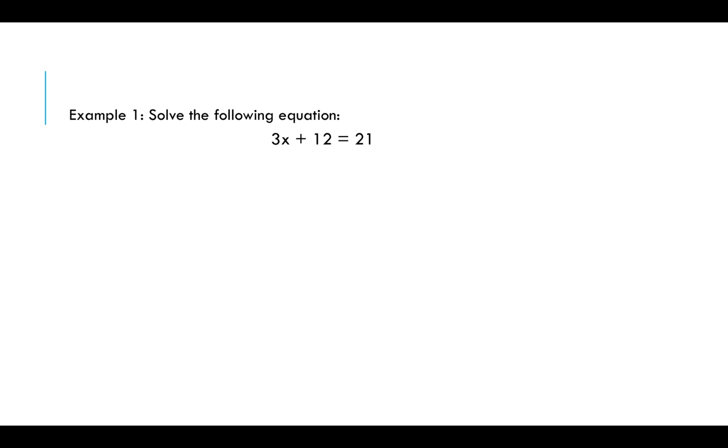So when I'm looking, I see that there is addition. So I'm adding 12 on the left-hand side of the equal sign, which means I have to undo my addition. To undo addition, we have to think of the inverse property or the inverse operation.